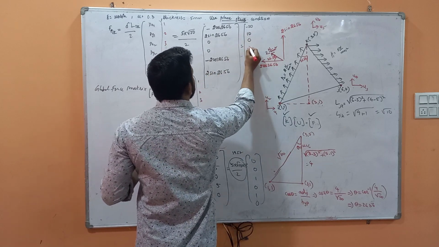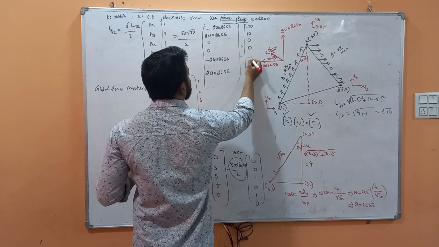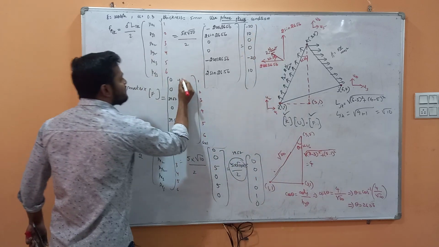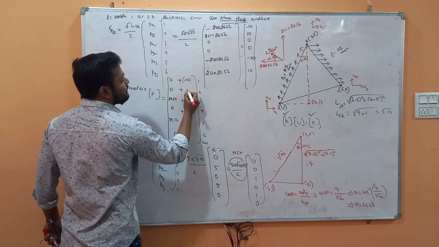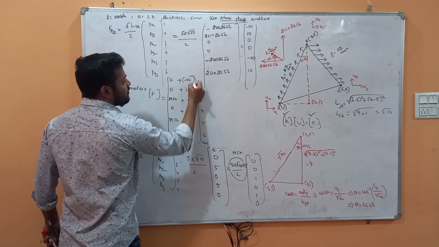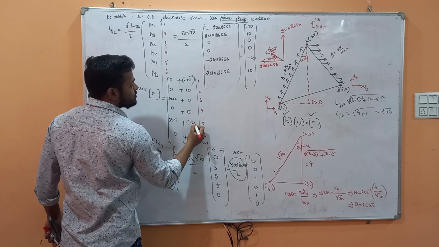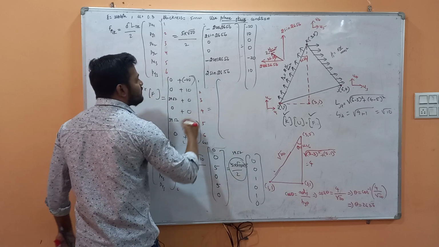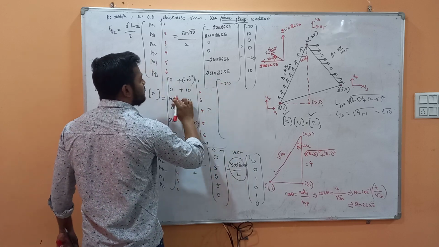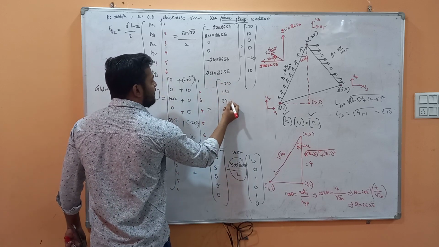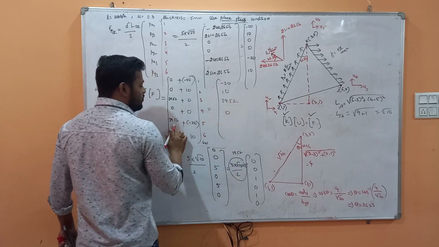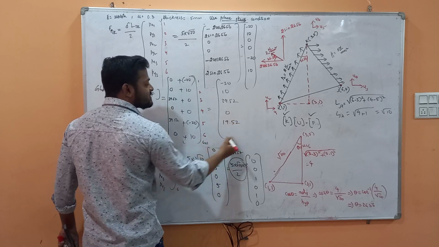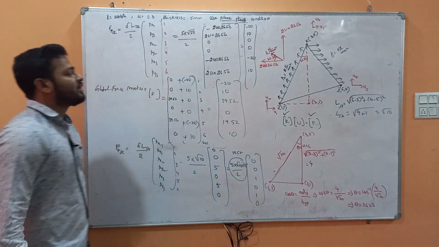The next is 0, 0, then again minus 20, and 10. So we put these values here: minus 20, 10, 0, 0, minus 20, 10. Now we have the global force matrix: minus 20, 10, 39.52, 0, 39.52 minus 20, which is 19.52, 0 plus 10, which is 10.